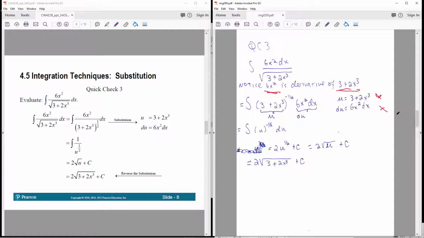So I can rewrite it and say u to the minus 1/2 du. I have a power rule there. So I can integrate it, and I end up with 2u to the 1/2 plus c, which is 2 times the square root of u plus c. Replace the u with 3 plus 2x to the third, and it gives us the final answer there.